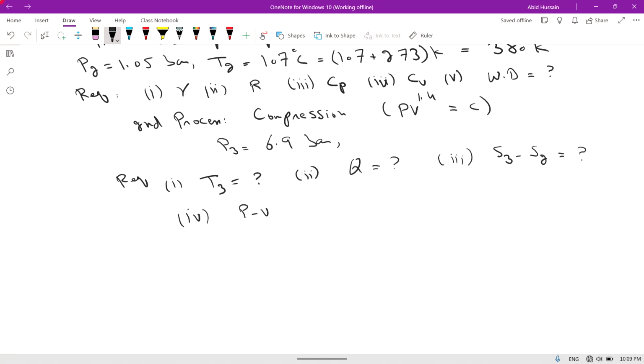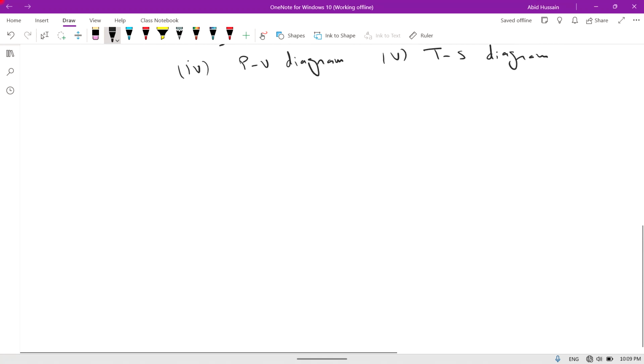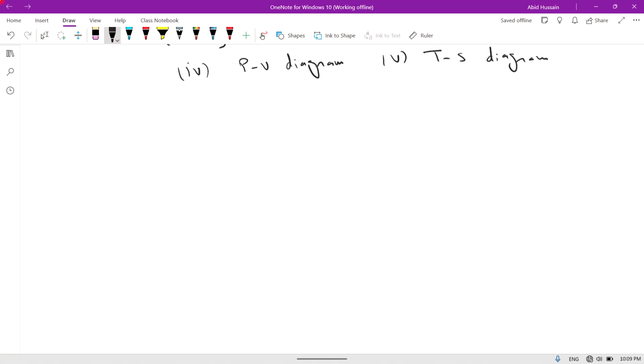PV diagram and TS diagram for both processes. The first process is isentropic expansion and the second process is compression according to the law PV^1.4 equal to constant. So, solution: we can draw the PV and TS diagram.